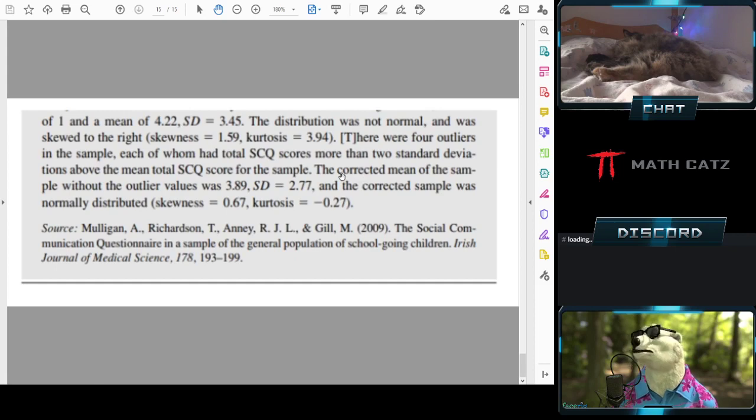And then they removed the outliers to look at the corrected mean, those removed. And then we can see that mean and standard deviation is much more representative of the whole group because those outliers pull these measures unfairly, perhaps. And the skewness and the kurtosis are way less. Wow. Those outliers had a huge effect.